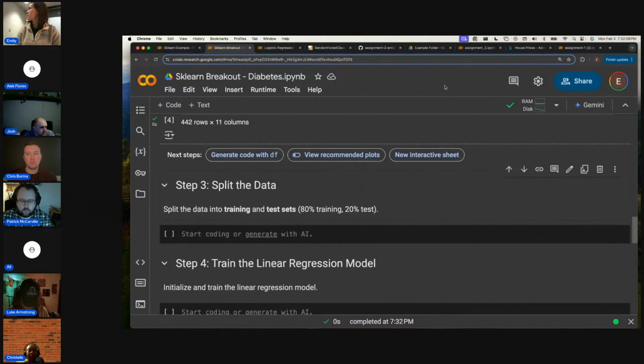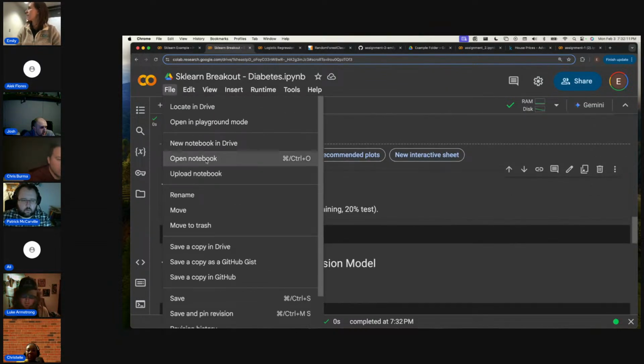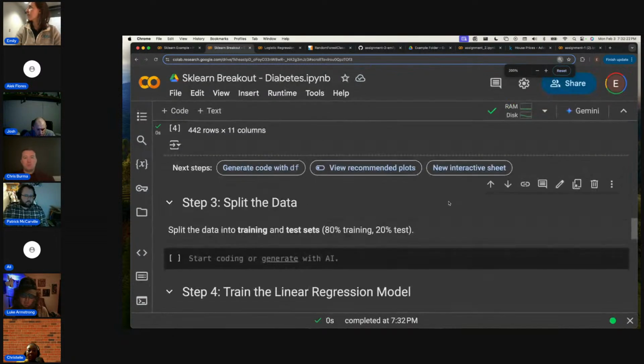Actually, let me download this. I don't want to be doing work in here because I use this whole drive class to class. So let me just download. I think I have to zoom out here. One moment.